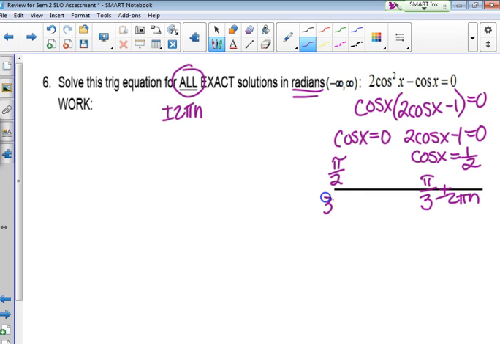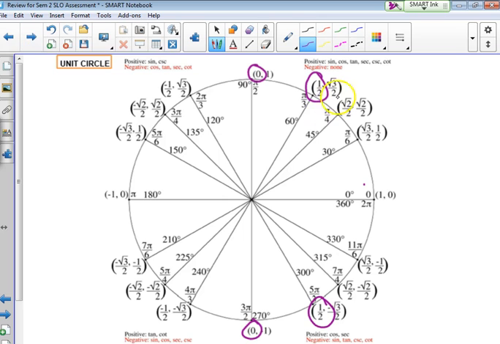Pi over 2 and 3 pi over 2 are straight across the unit circle from each other. You can write both of them and say plus or minus 2 pi n, but if you wanted to only write one of them and say plus or minus pi n, that would be fine. But the other two, are these two where it's 1/2 across from each other? No, these, I can't shortcut anything.